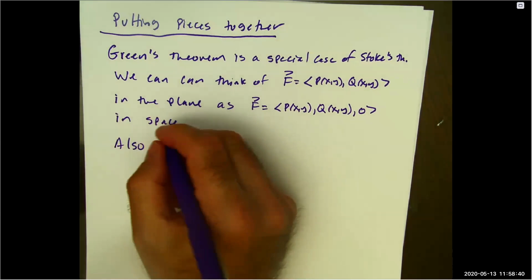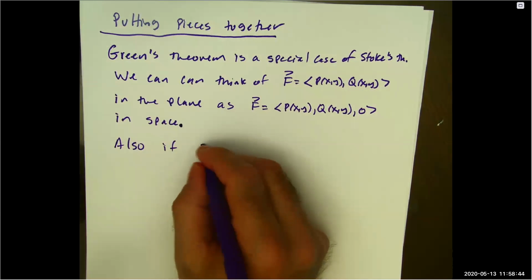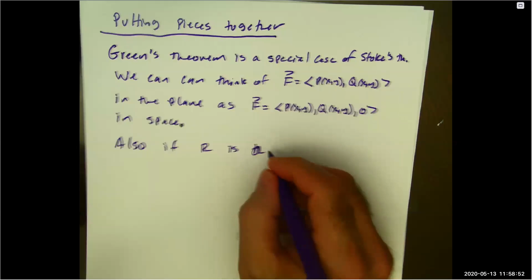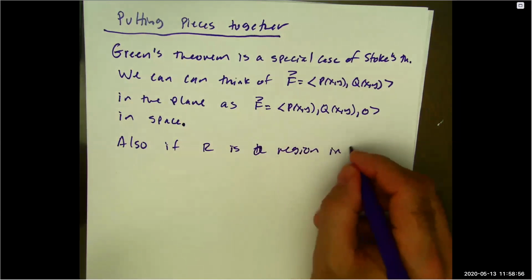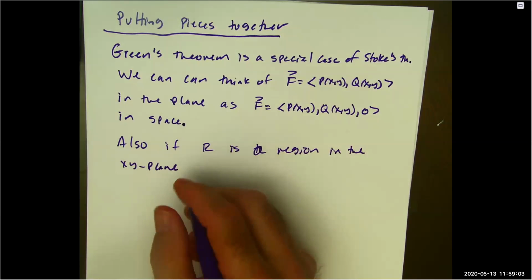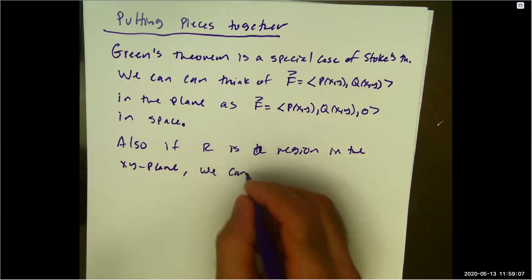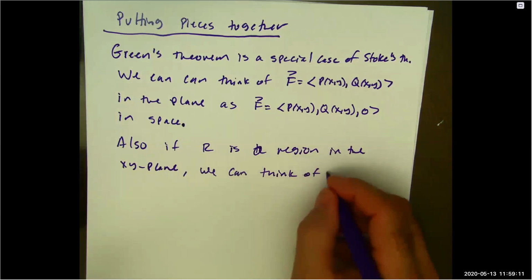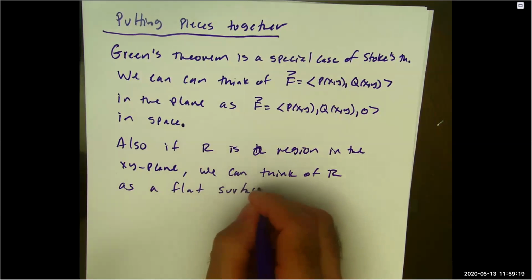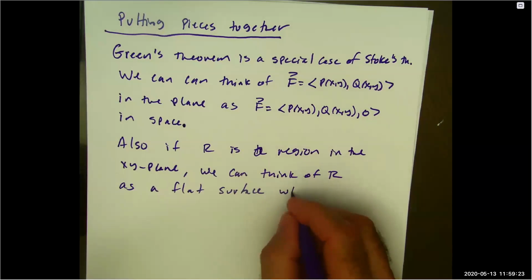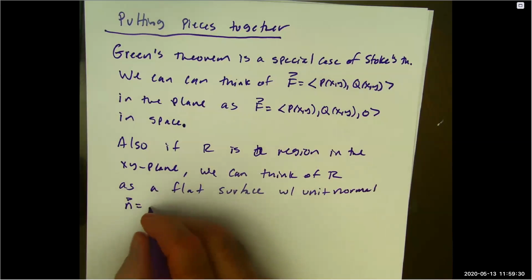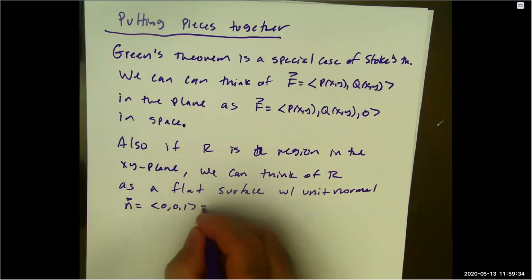Also, if R is a region in the xy plane, we can think of R as a flat surface with unit normal n equal to 0, 0, 1, which is just k.